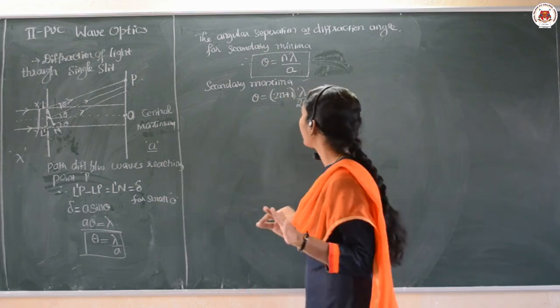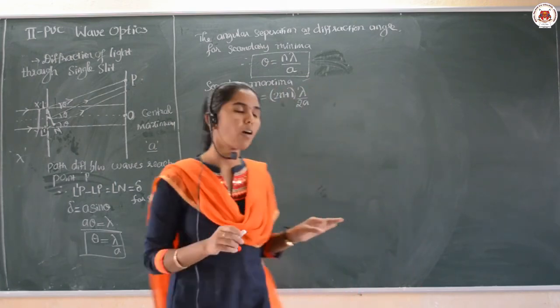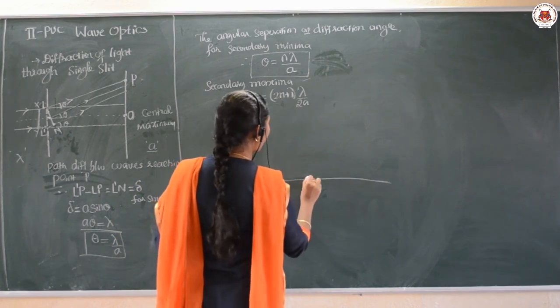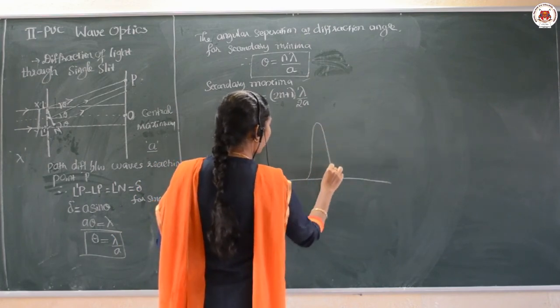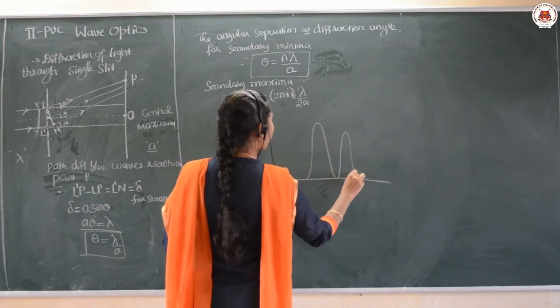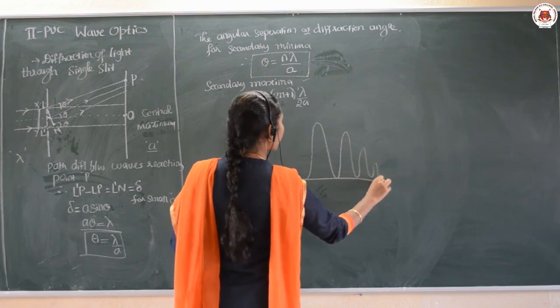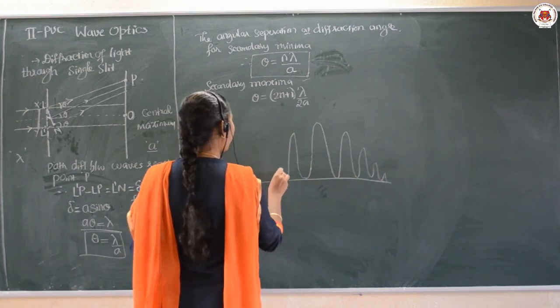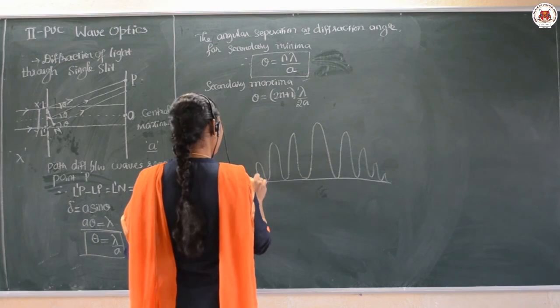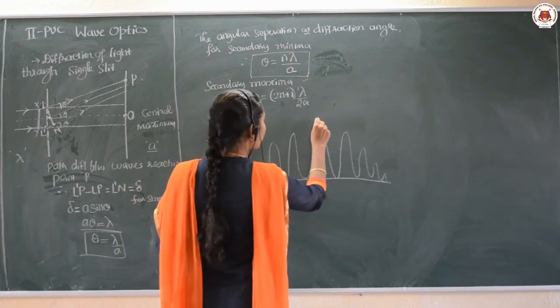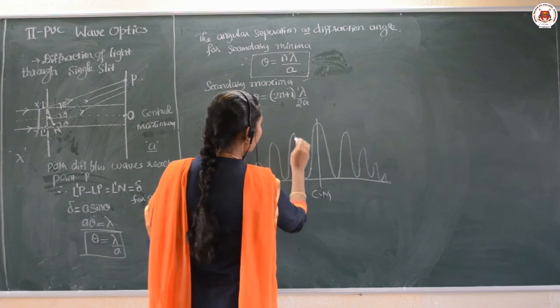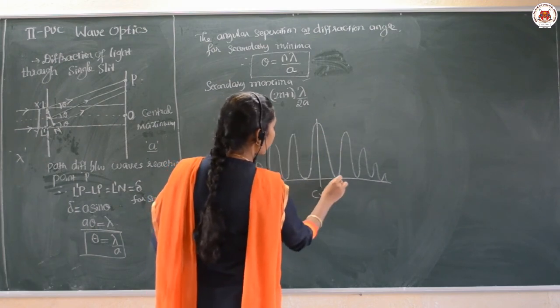So the intensity curve can be obtained in this manner. The intensity curve for the diffraction of light can be given like this. You can see the decrease in the peak or amplitude of the wave here. This gives me the central maximum, and it is followed by the secondary minima.